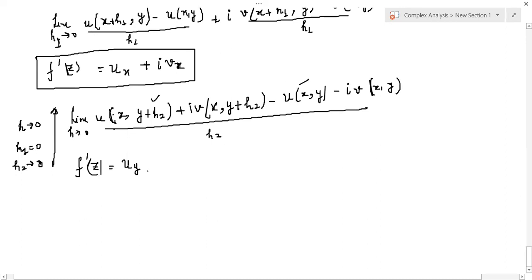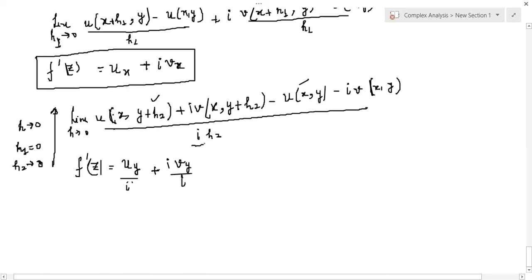And this particular fellow is equal to, okay, there was iota also, no? Sorry, my bad, 1 upon iota. So this is equal to 1 upon iota, and then plus iota vy divided by iota.